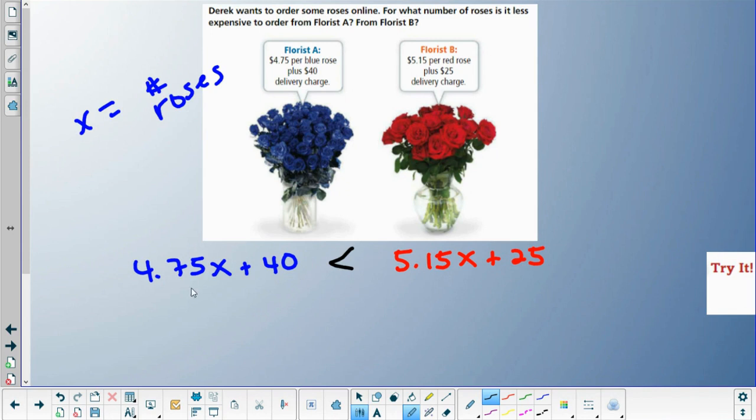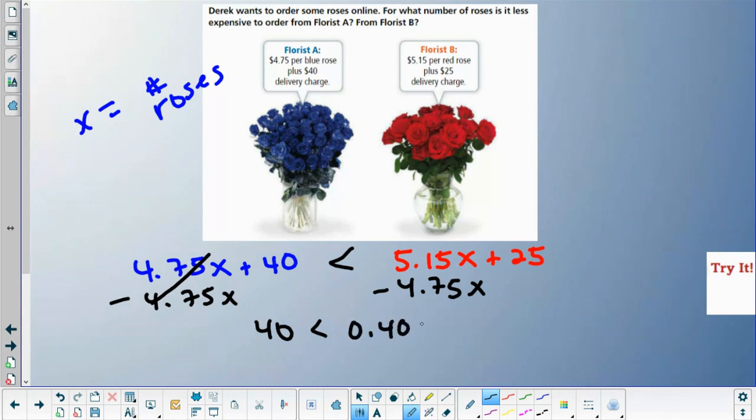Okay, so I am going to take the smaller one from the bigger one when it comes to our x's. Both sides. So that cancels out. We have 40 is less than, if I do $5.15 minus $4.75, I get 40 cents x, and I still have my 25 over there. All right, so now I need to get this x by itself, so I'm going to subtract 25 from both sides.